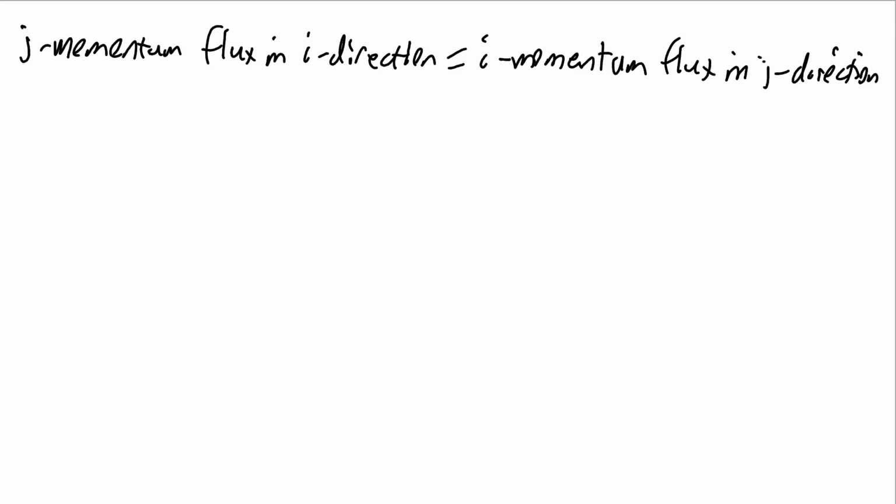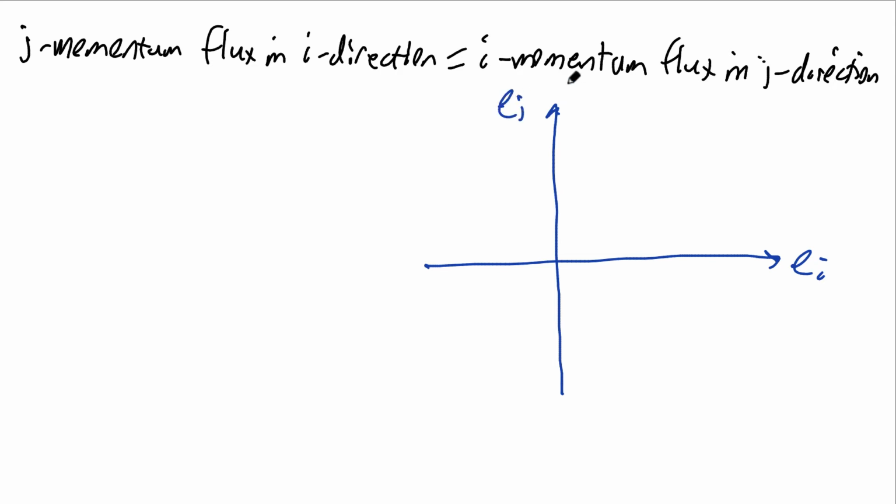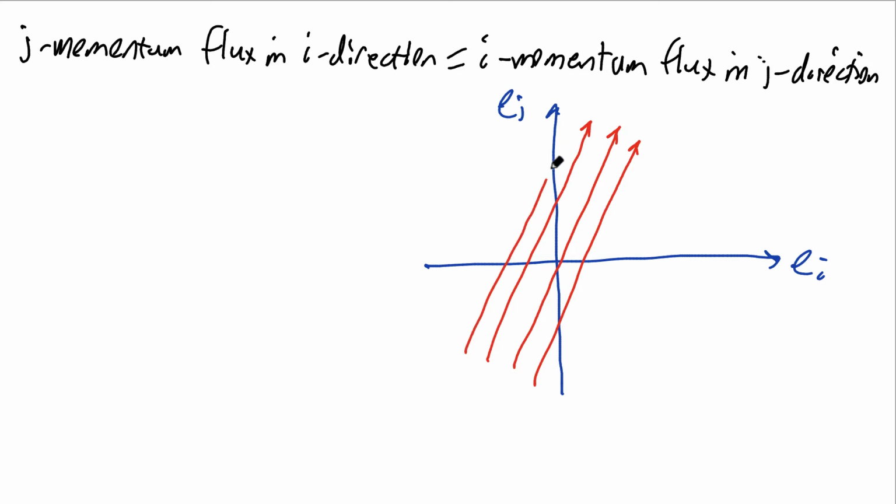So how can we understand this? Let me draw a picture. Let's say this is the I direction and this is the J direction. And we have some momentum flowing past the origin. So let me draw some of these flow lines. So we have a bundle of mass or fields that are carrying momentum past the origin. And let's let this angle be theta.